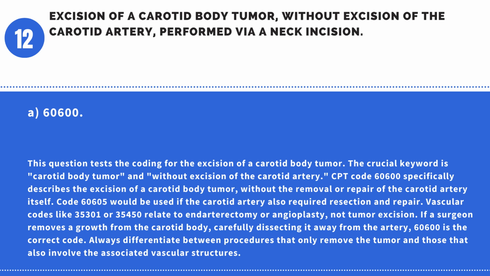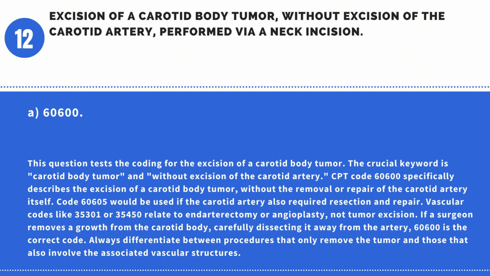60600. This question tests the coding for the excision of a carotid body tumor. The crucial keyword is carotid body tumor and without excision of the carotid artery. CPT code 60600 specifically describes the excision of a carotid body tumor, without the removal or repair of the carotid artery itself. Code 60605 would be used if the carotid artery also required resection and repair.